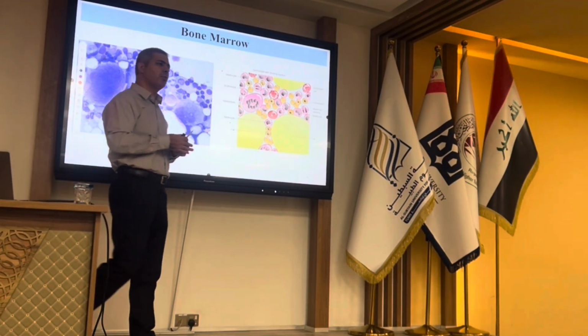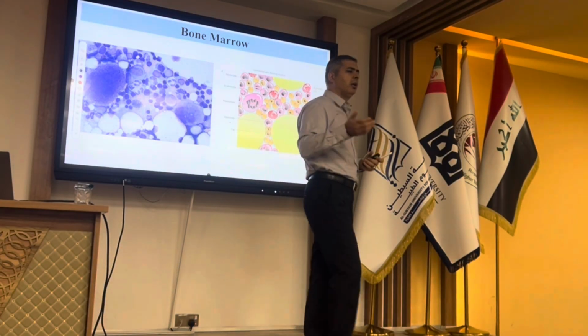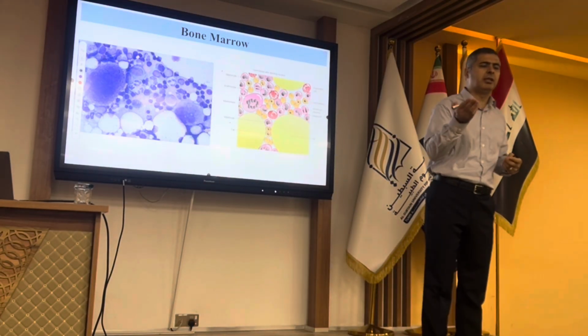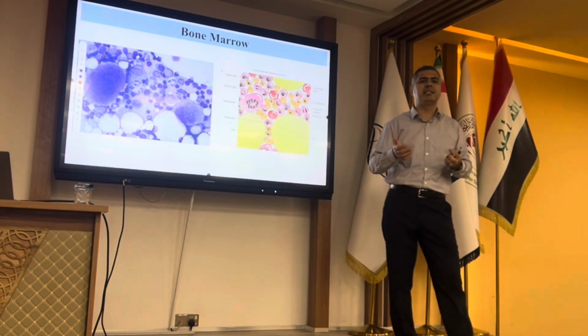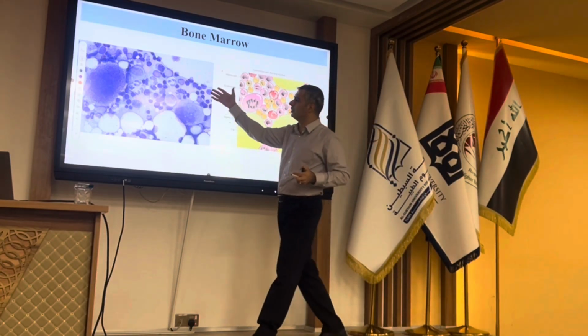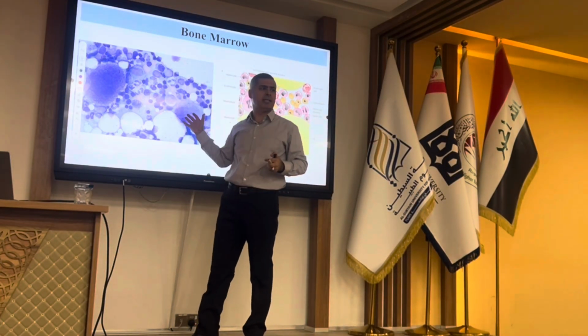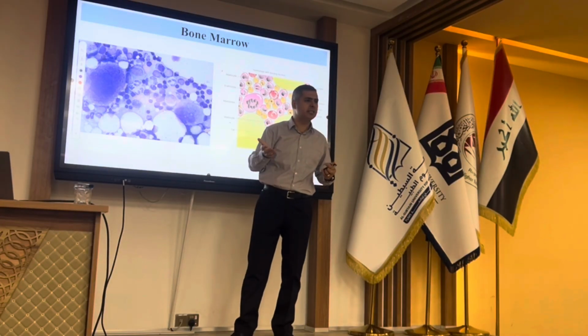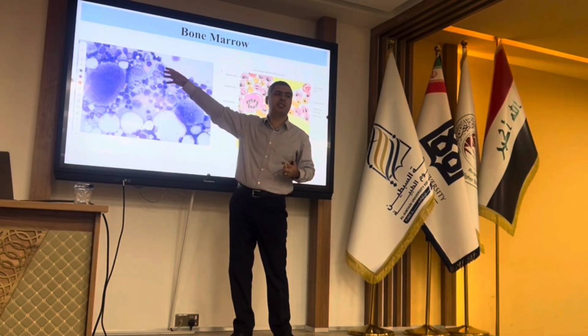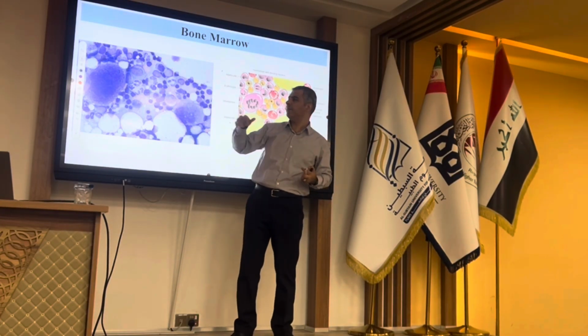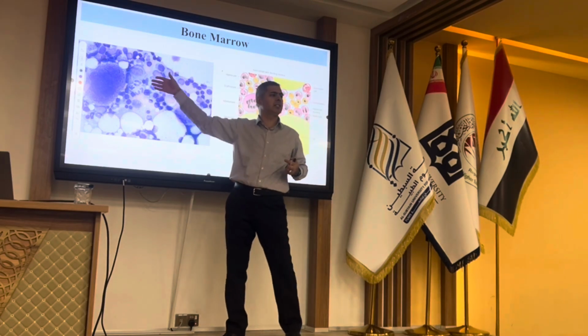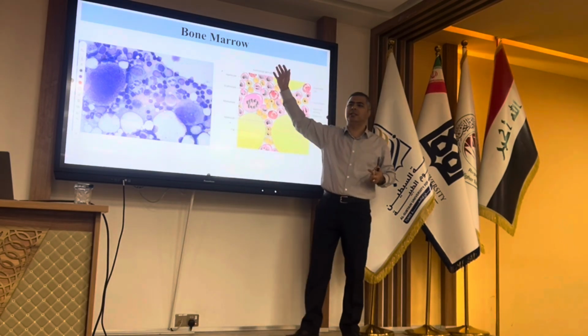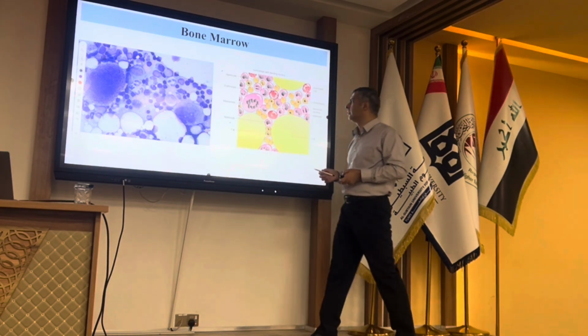So when we see a bone marrow smear under the microscope, we will see a heterogeneous population of cells, including all leukocytes except for T cells and the immature forms of them, from, for example, hematopoietic stem cells to mature B cells, T cells, red blood cells, platelets, and the rest of the cells.